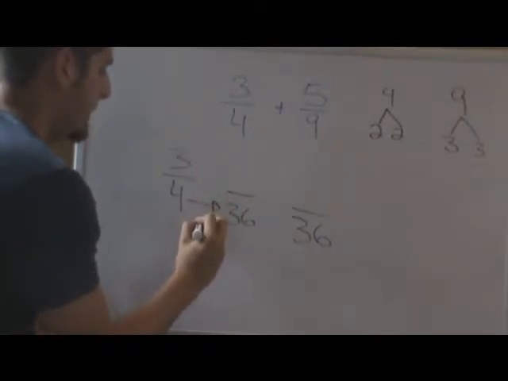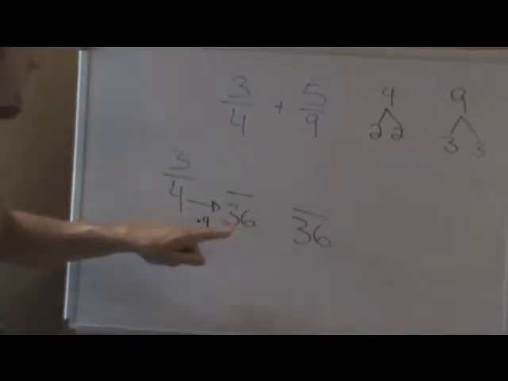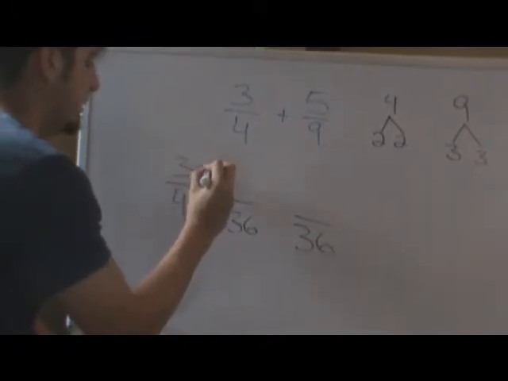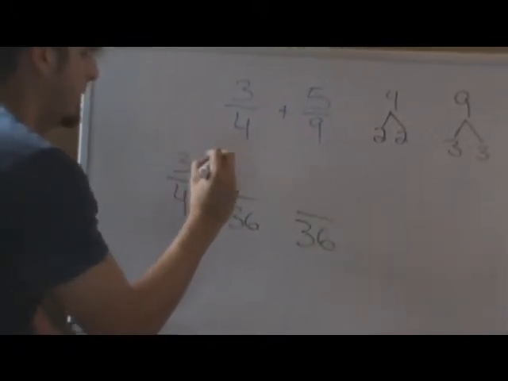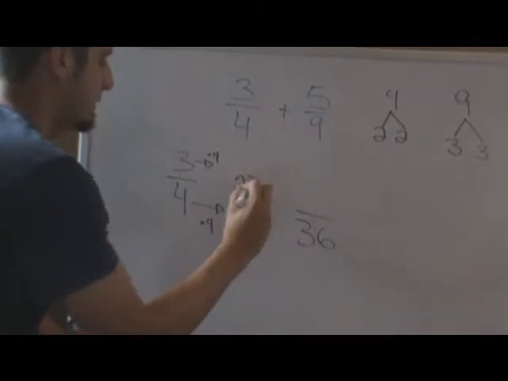Okay, if I'm going to multiply that denominator of 4 times 9, I also have to multiply the top by 9. So 3 times 9 is 27.